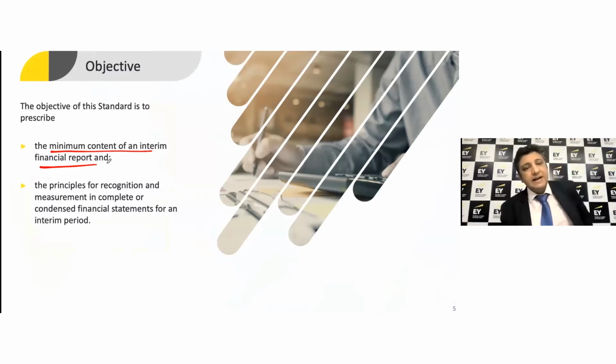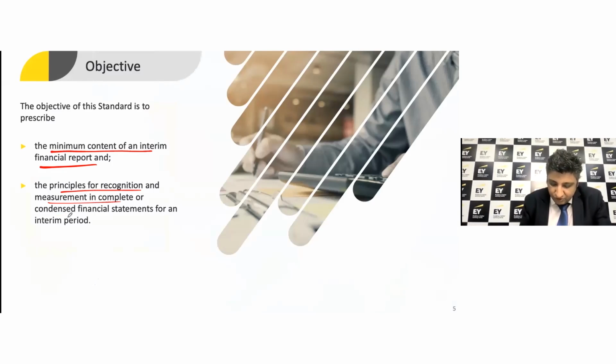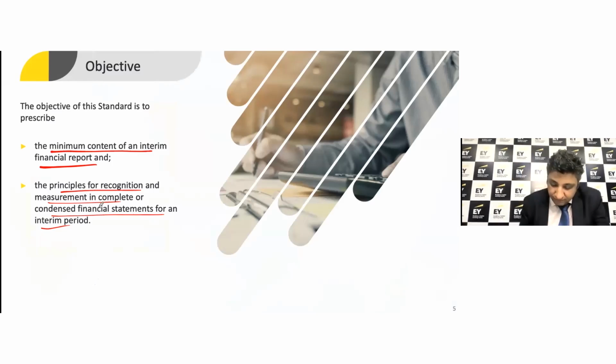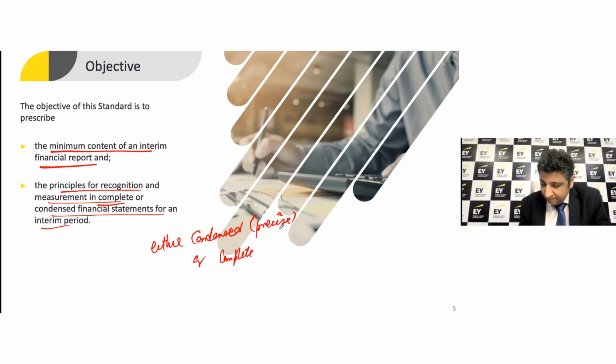Okay, when you look at the objective and the scope of the standard, it talks about the minimum content that the financial statements must carry, and of course the principles for recognition and measurement for those condensed financial statements. Now, it also refers to the word complete financial statements, right? Entities are given a choice to use either condensed, which are precise information, or complete set of financial statements, which are, of course, detailed information.